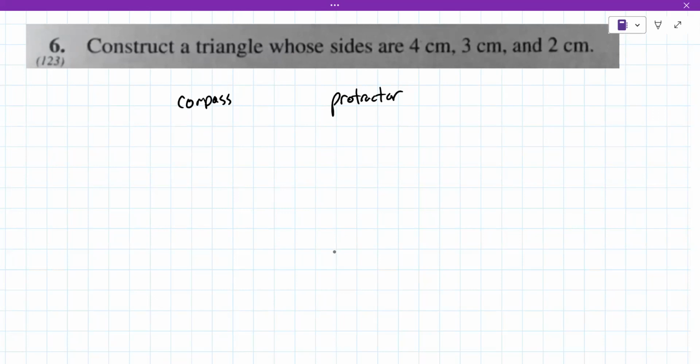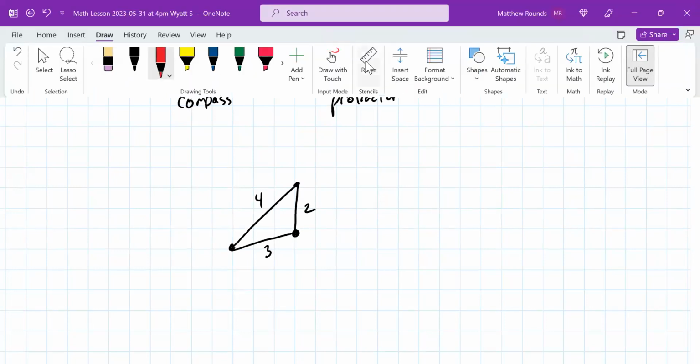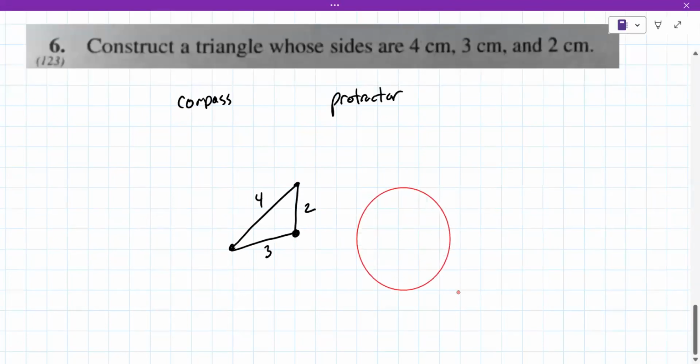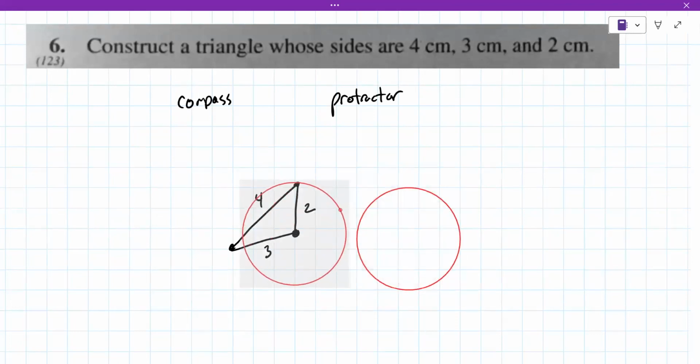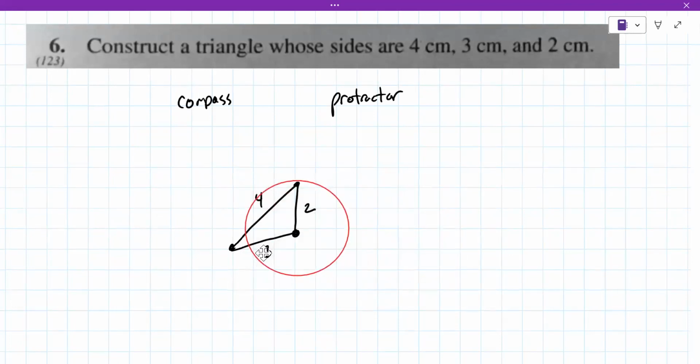So let's just draw one of these. Let's draw a 4. Roughly that's 4, roughly that's 3, and roughly that's 2. Do you agree with that? Yep, roughly. All right. Now I have the advantage here of drawing some circles. Let's see if I can do that. So that's the first one. Probably see where I'm going with this. It's not that good, but let's go another one here.